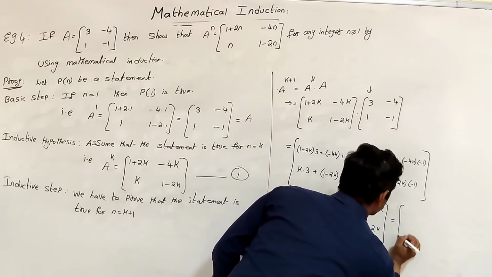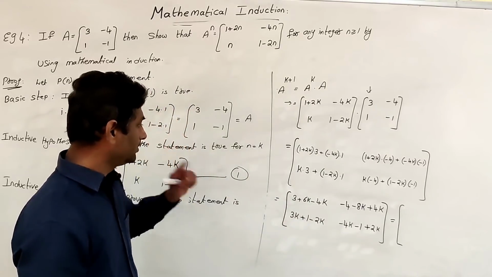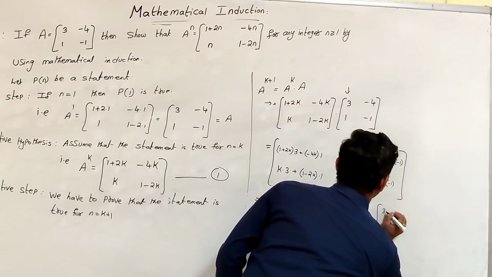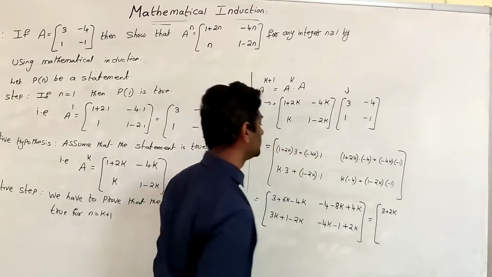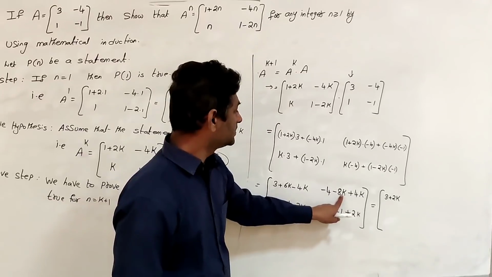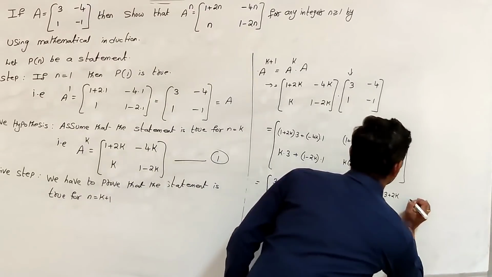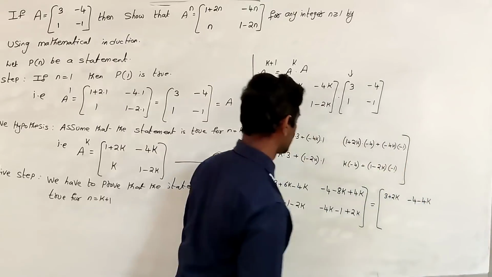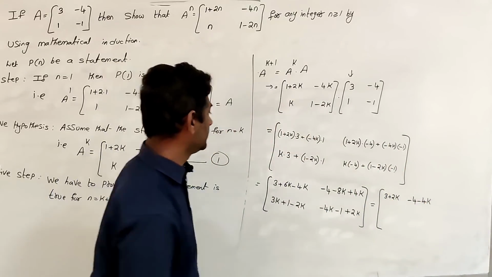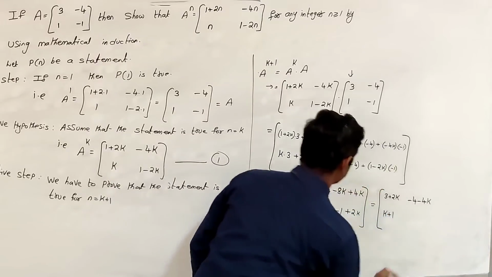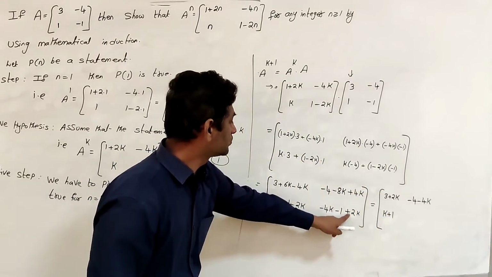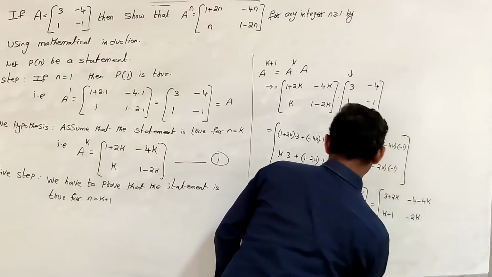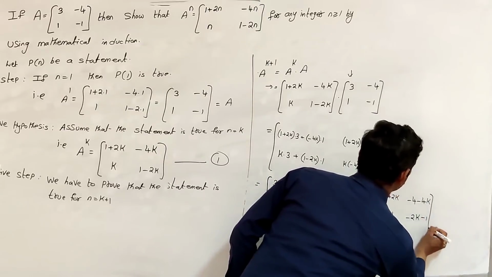If you go for further simplification, it will be 3 plus 2k, minus 8k plus 4k, so it will be minus 4 minus 4k. 3k plus 1 minus 2k will be k plus 1. Minus 4k minus 1 plus 2k will be minus 2k minus 1.